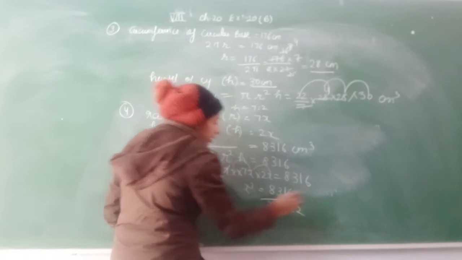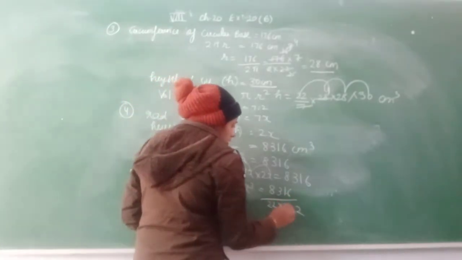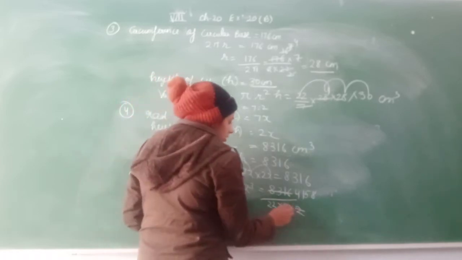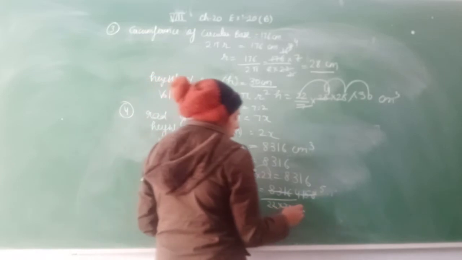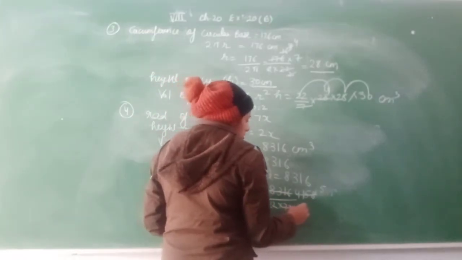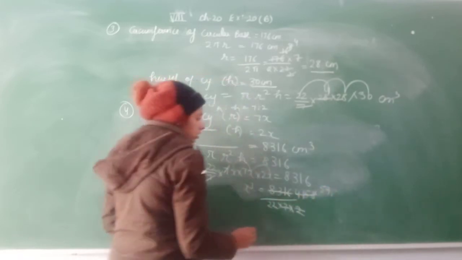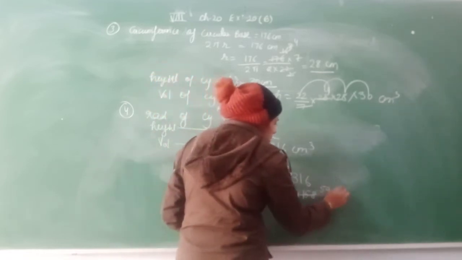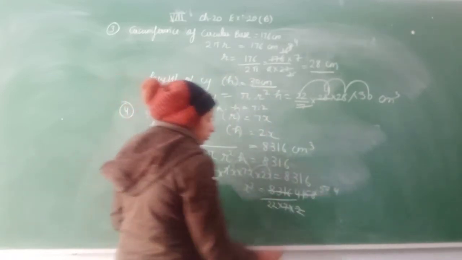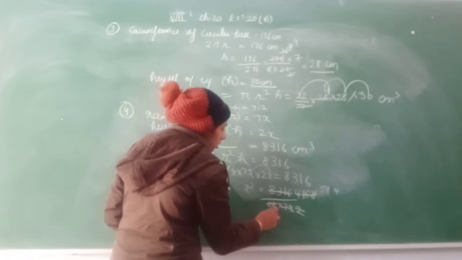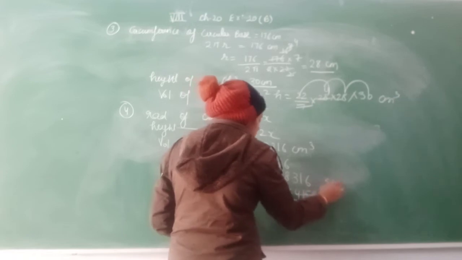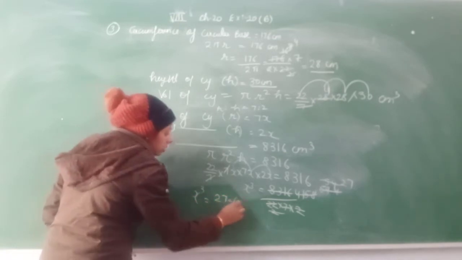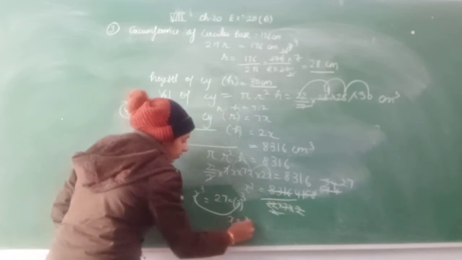Divided by 7 and divided by 2, and divided by 22. 2 4s are 8, 2 1s are 2, 2 5s are 10, 2 8s are 16. Clear? 7 9s are 63, 7 4s are 28, and divided by 11. 11 5s are, 11 4s are, 2 cancel by 27, so x cube is equal to 27 and 27 is the cube of 3. On comparing this, you will get the value of x is 3.